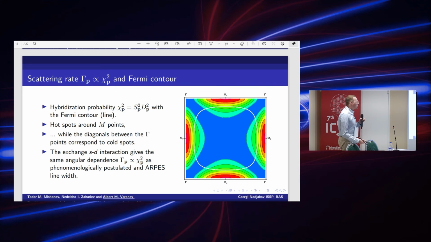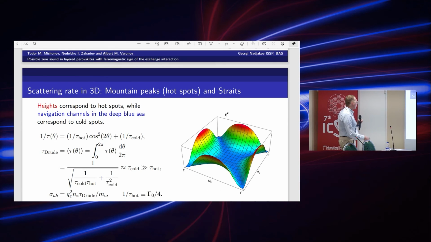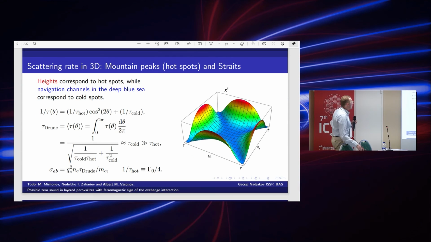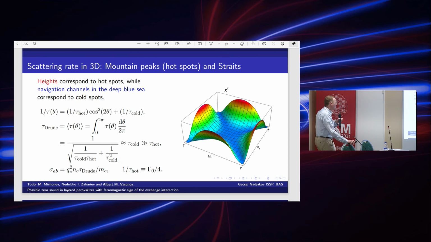And if we remember the ARPES data, the color is almost the same. In 3 dimensions, the graphic looks like this, where we have shown the lifetimes of the carriers in cold and hot spots.